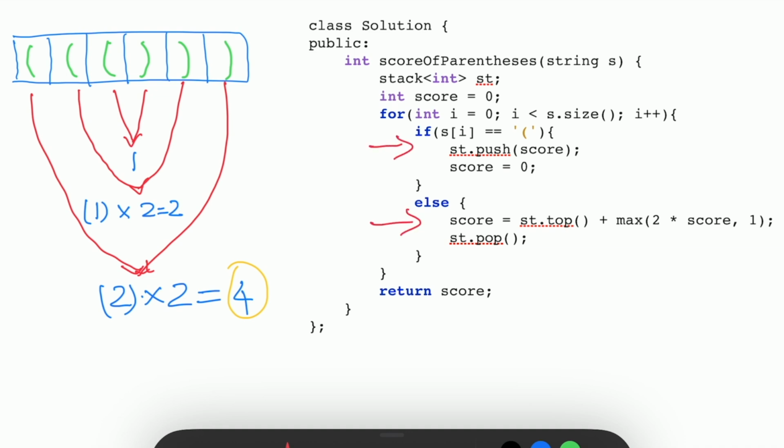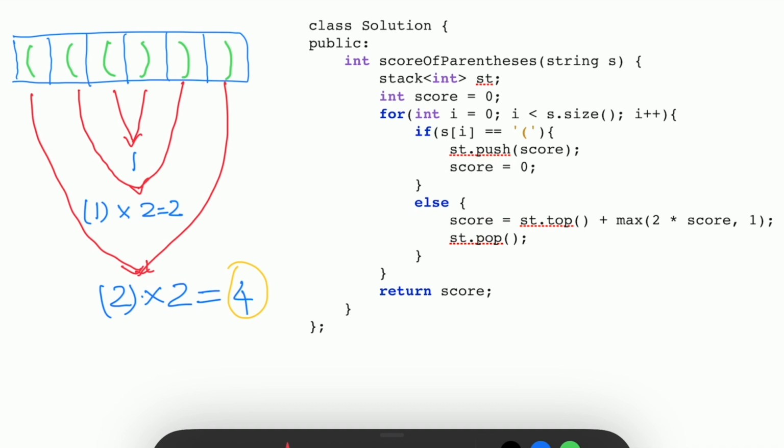That explains this if and else. What's going to be the score when it is open parenthesis and what's going to be the score when it is close parenthesis, that is the next thing. And the third one is when it is open parenthesis, are we going to push into the stack or pop out of the stack? So these are the three things we will be doing inside this for loop.